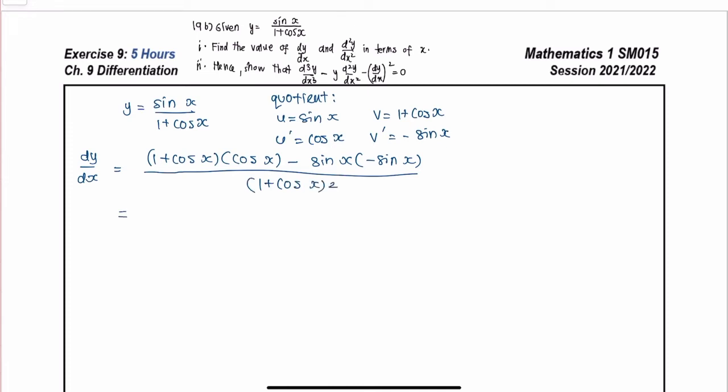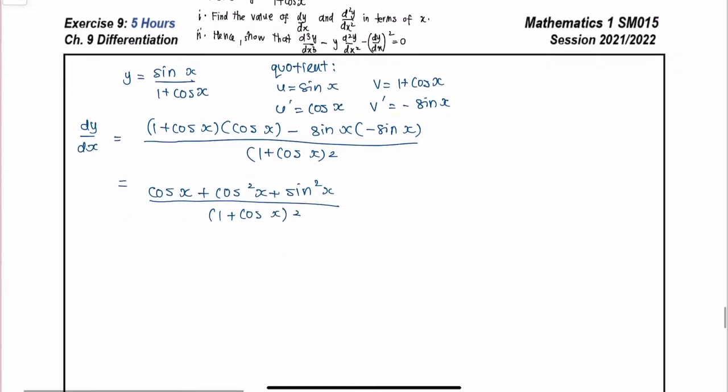Okay, so cos x I expand, plus cos squared x plus sin squared x over 1 plus cos x squared. Here we will use an identity: cos squared x plus sin squared x equals 1.